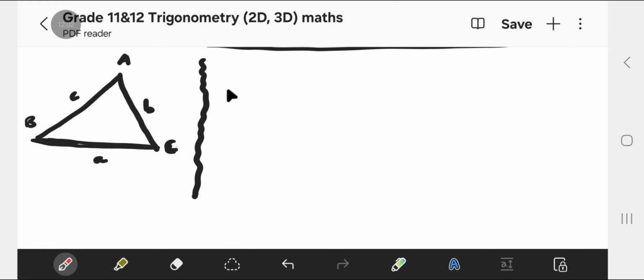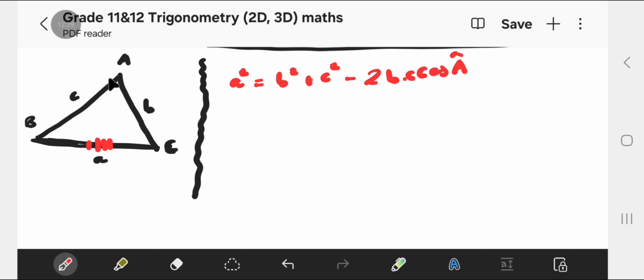We proved above that a squared is equivalent to b squared plus c squared minus 2bc cos of angle A. So whenever you are trying to find this side a, you must have an included angle A and these two sides. So for this to work, you need 3 sides and 1 angle.